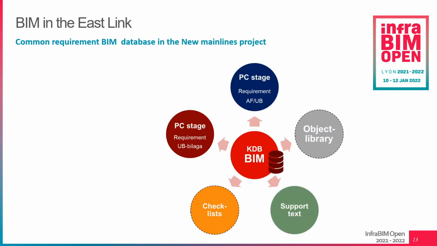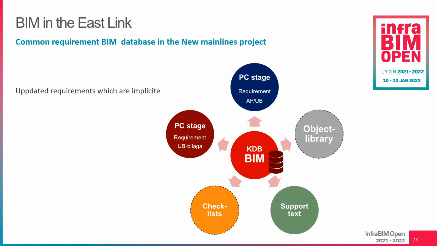In this picture you see the common requirement BIM database in the new mainlines projects. When the requirement database is used within the whole new mainlines projects, the possibilities for implementation just expand. You have updated requirements which are implicit.